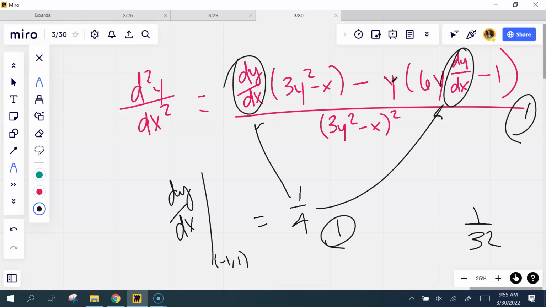So implicit differentiation is 2 points. If you were able to get the pink, that's 2 points. Plug in the 1/4, that's a point. And then the answer is your 4 points. When you plug in 1/4 here, and they asked you at -1, 1, so you put 1 and -1 in for every x and y.